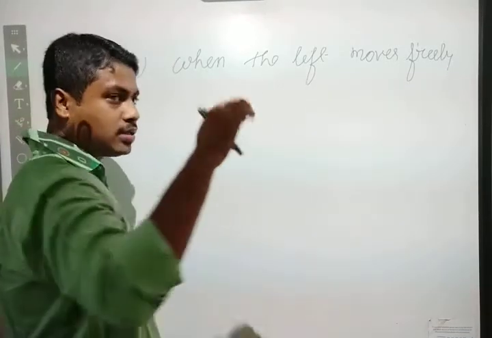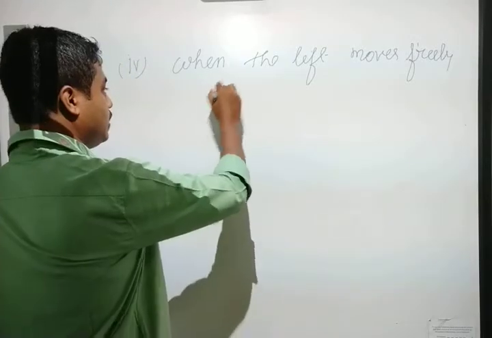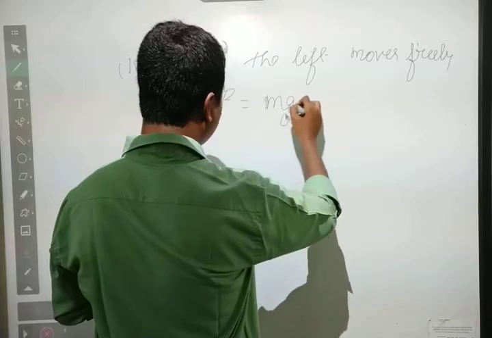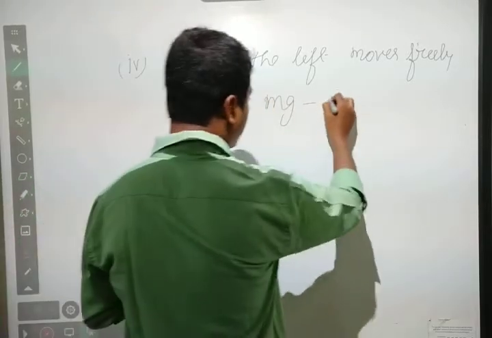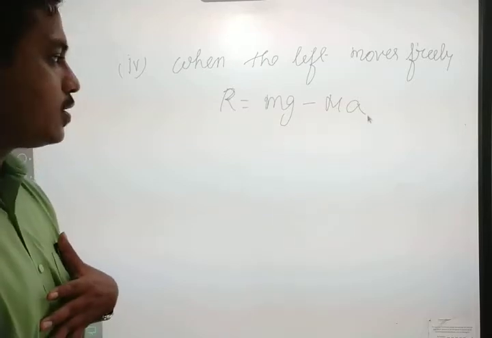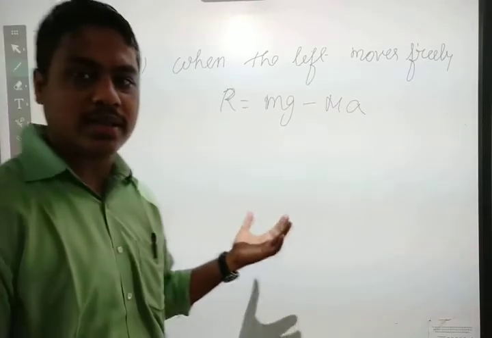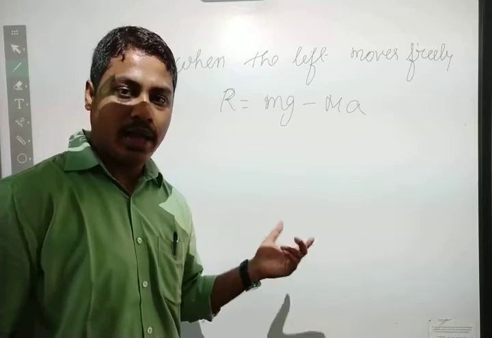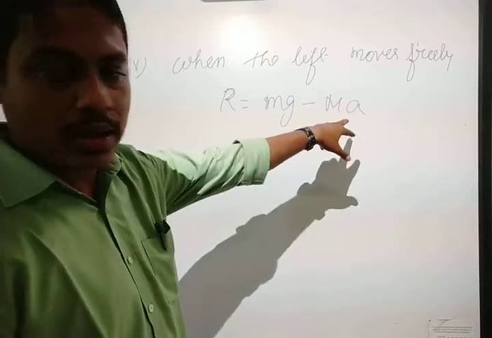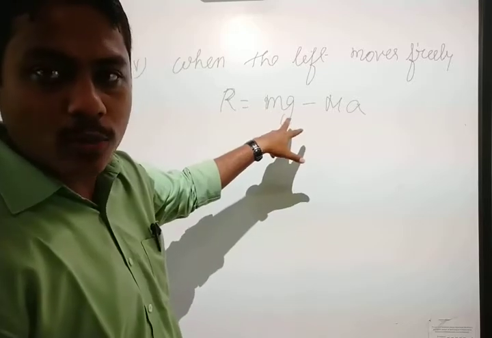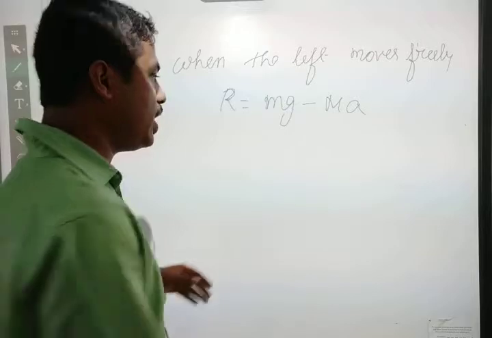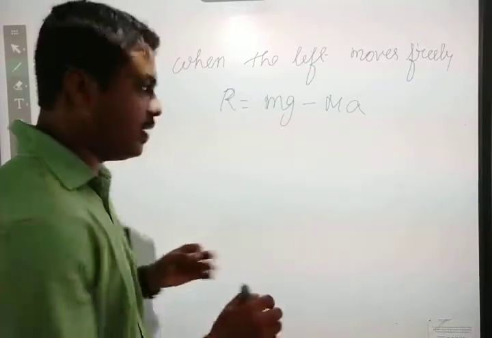Since it will be moving downwards, we have R equals mg minus ma. Since it is moving downwards with the acceleration due to gravity, the force and the weight will both be equal, and it will be falling only under the action of gravity.